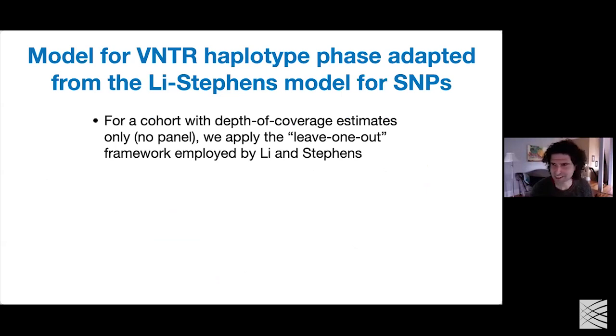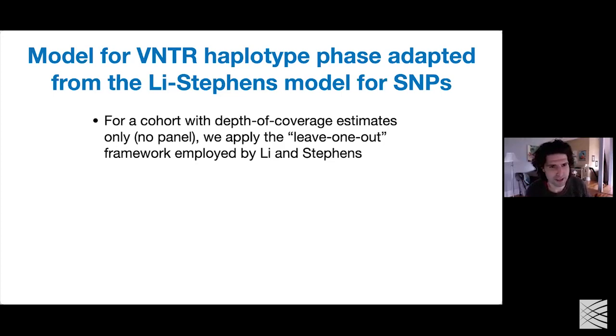Something that's a little bit technical, if this doesn't make sense, don't worry about it. But we don't really start with a reference panel. All we have is kind of a panel of SNP haplotypes, and then these exome sequenced diploid measurements of VNTR lengths.